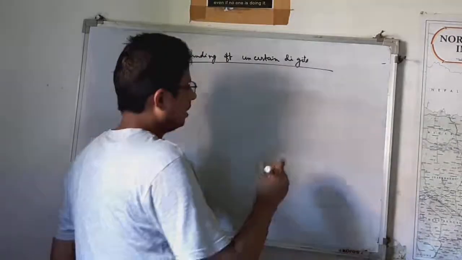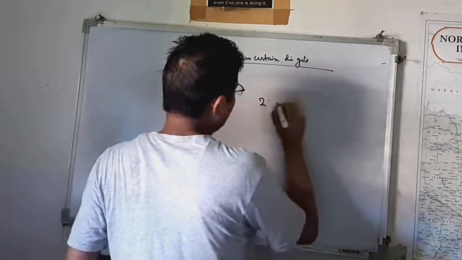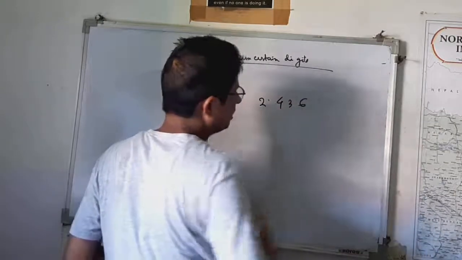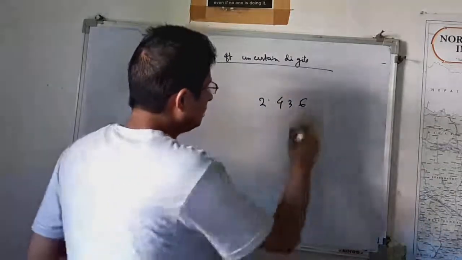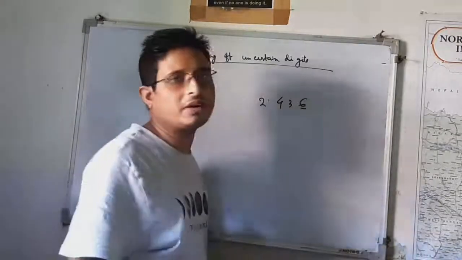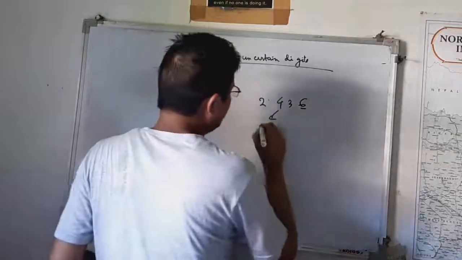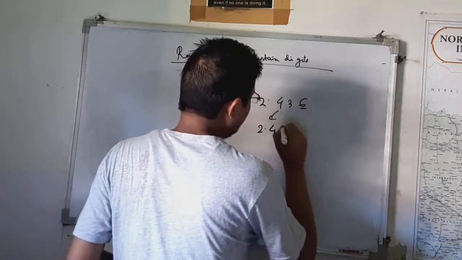Suppose I got a value 2.436. The last digit is 6, which is greater than 5. In that case, we can round this value as 2.44.